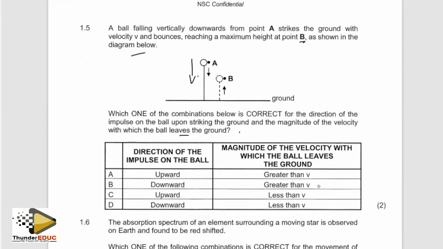So if it is upwards, then we're looking at option A and option C. But then the velocity with which the ball leaves the ground: since the ball is in contact with the ground, there has to be loss of energy. And if energy is lost, the collision is not perfect, which means it is an inelastic collision, so the velocity must be less. So I'll go with option C.